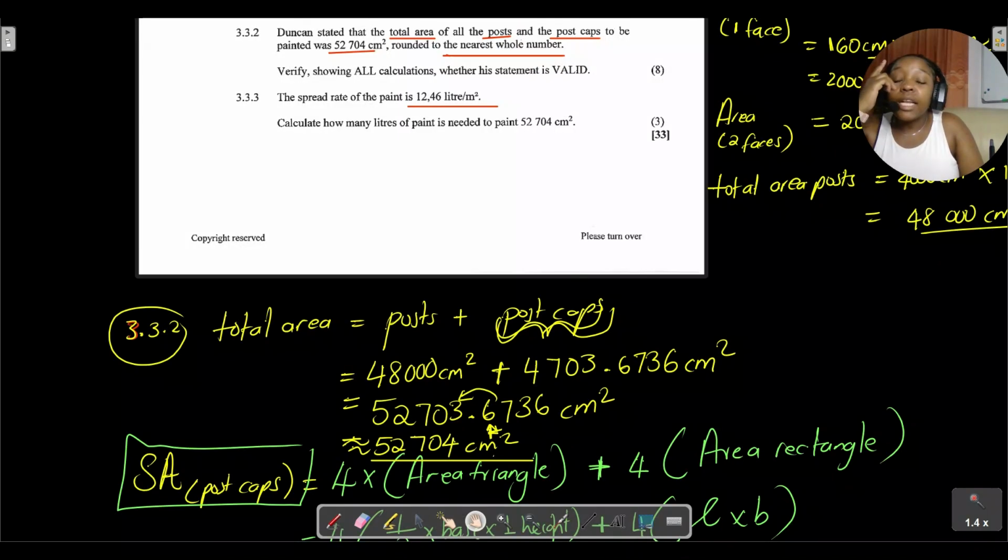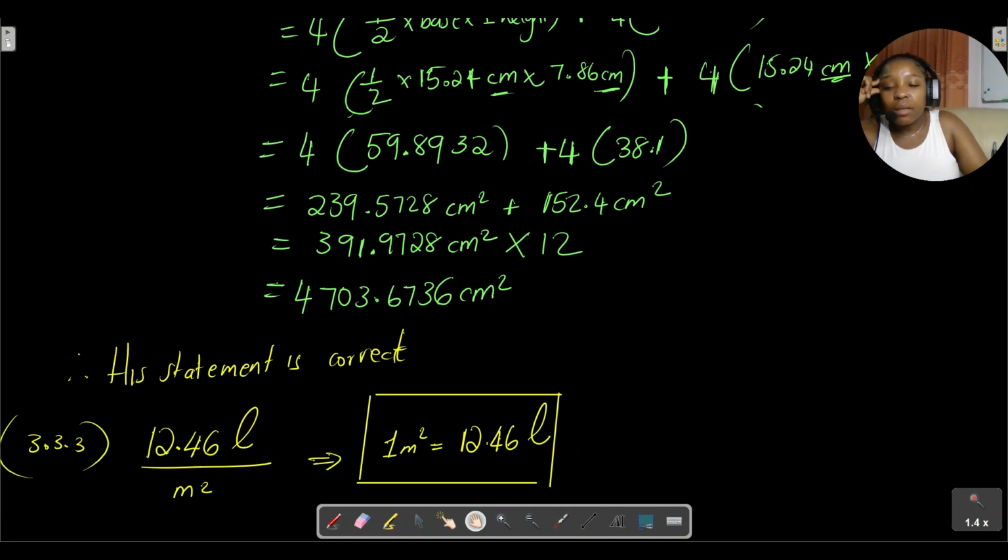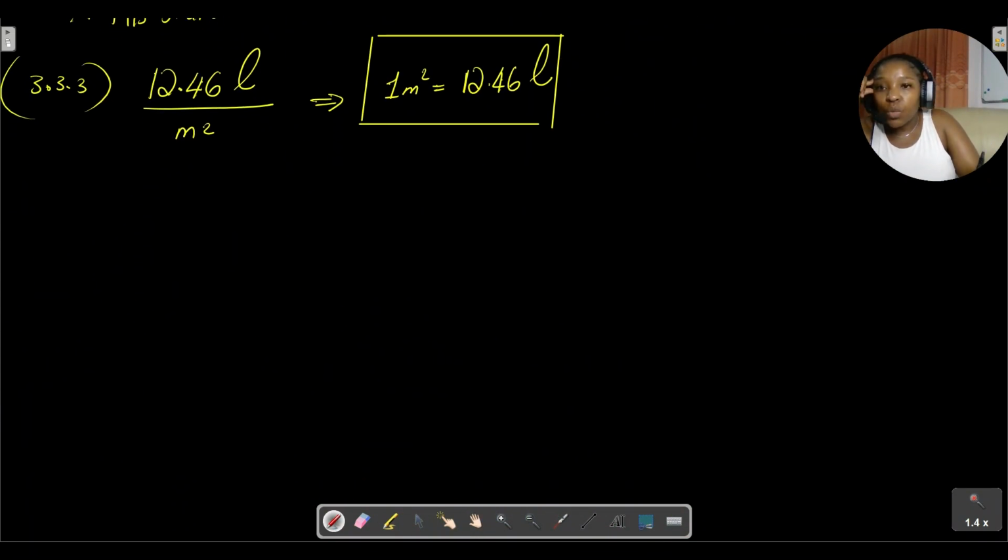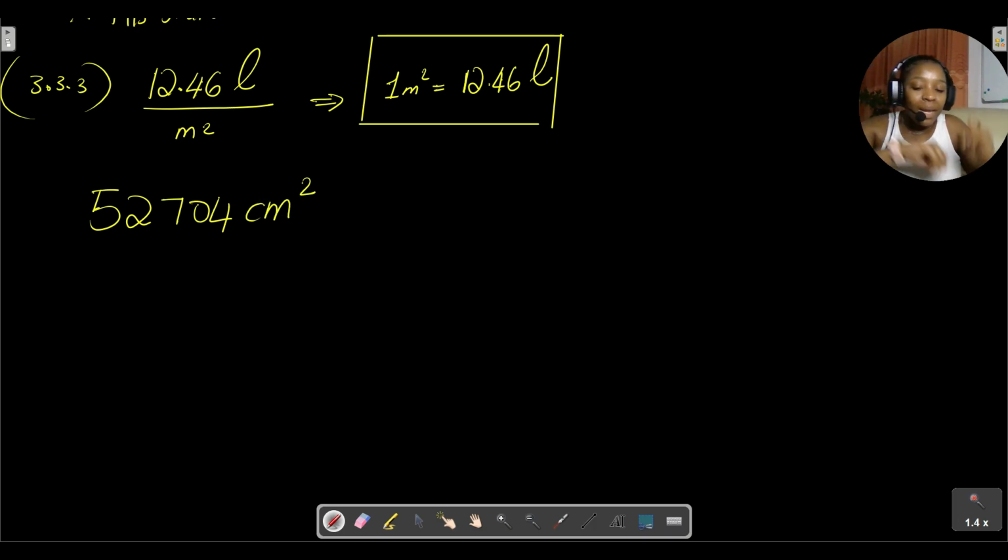Let's see. Calculate how many liters of paint is needed to paint 52,704 centimeters squared. So if you want to paint 52,704 centimeters squared, how many liters of paint will you need? Easy.